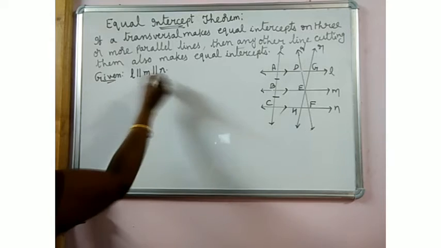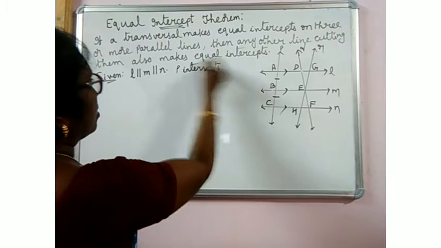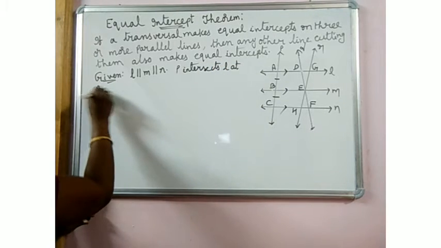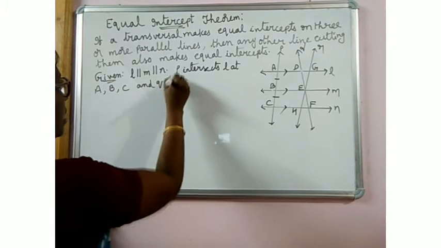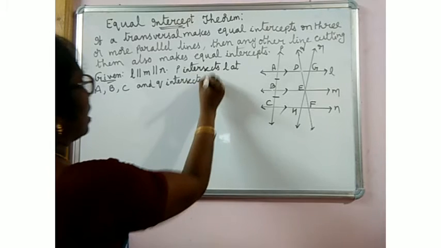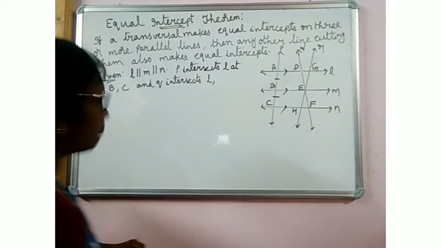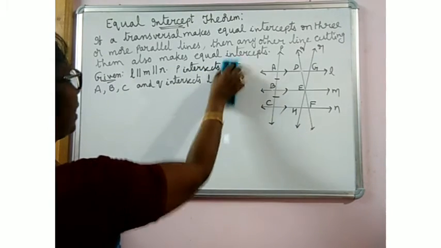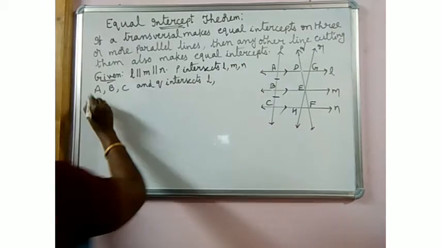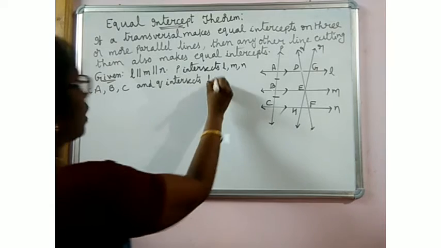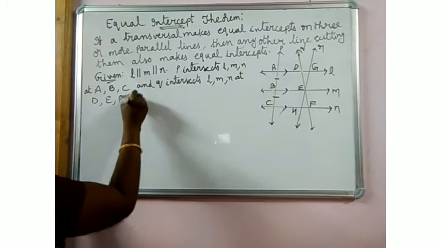P intersects L, M, N at A, B, C, and Q intersects L, M, N at D, E, F respectively.